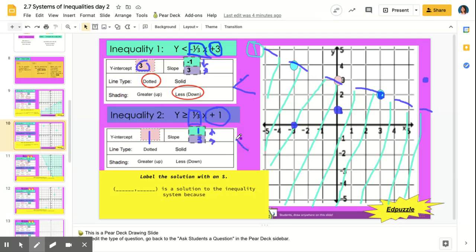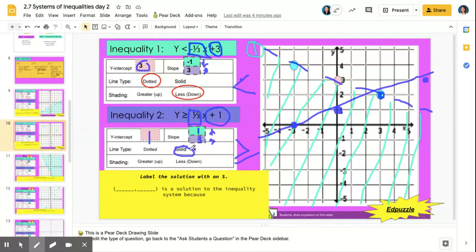All right, let's look at our symbol. What symbol is this? This symbol is greater than or equal to. So what type of line when I say equal to? That's right, it should be a solid line. So it should look just like this.